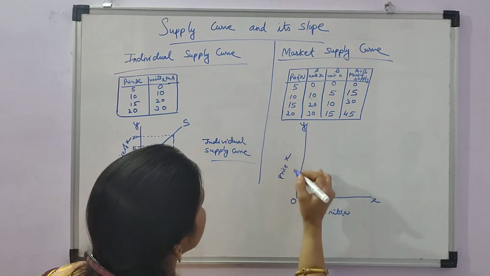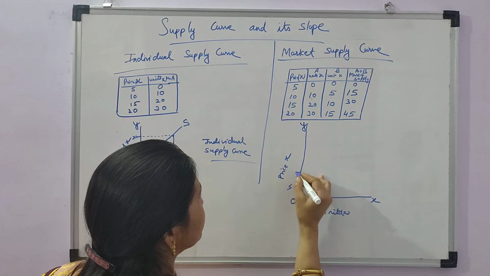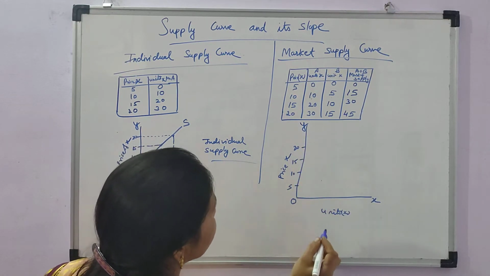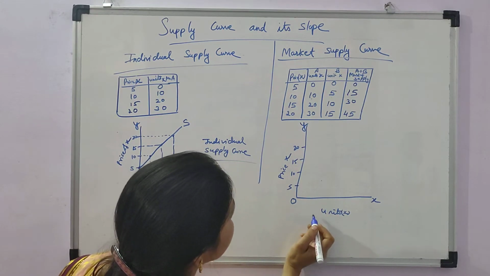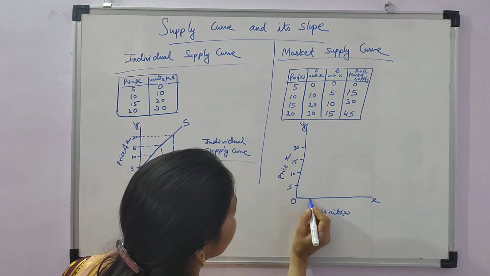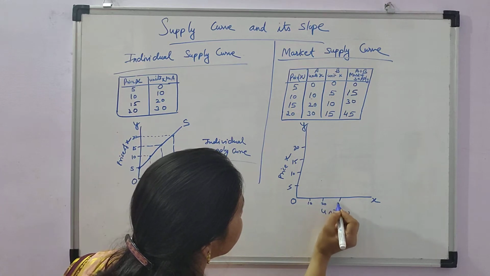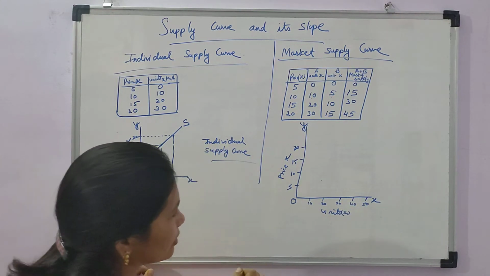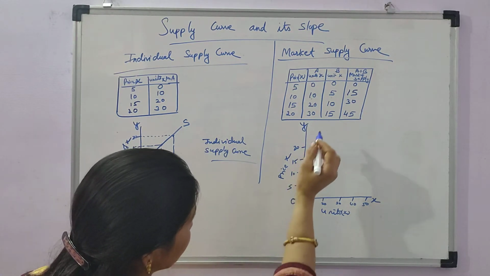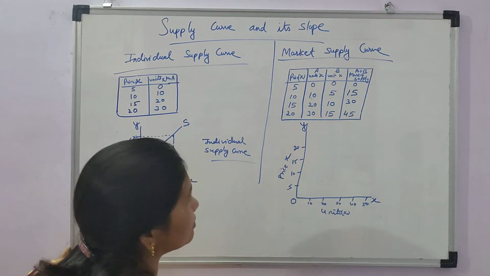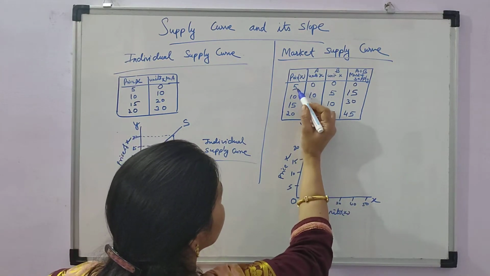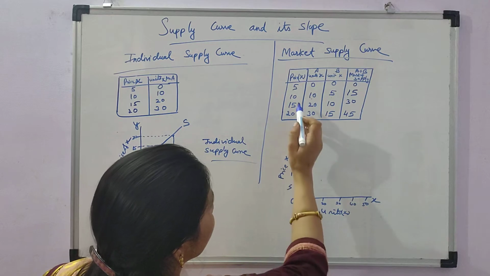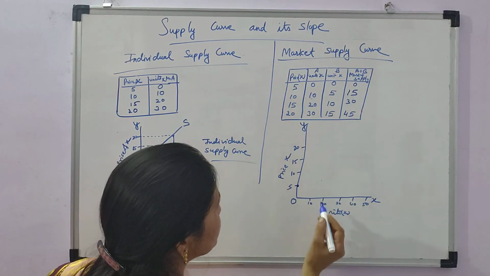So the price is 5, 10, 15, 20, and the market supply will be 0, 15, 30, 45. Now first of all, you add this, we have to make the market supply curve. So at rupees 5 the market supply will be 0, so the supply curve will start from this particular point. At rupees 10 the market supply is how much? 15.